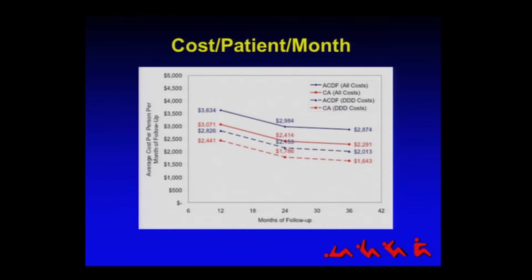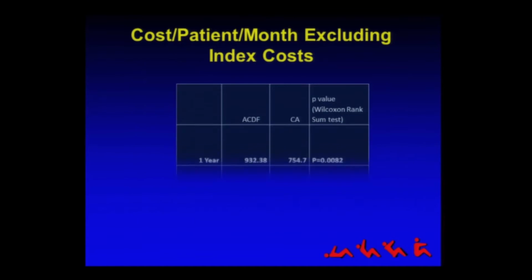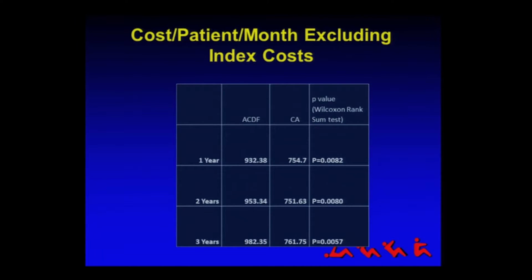And you can see that the cost per patient per month out to 3 to 4 years is less for the arthroplasty patient than it is for the fusion patient, the ACDF. If we look at it in a tabular form, you can see the same thing. They actually know to the dollar how much a patient who got an ACDF will cost them per month over the next couple of years. And the same thing with an artificial disc patient. And the difference is significant.